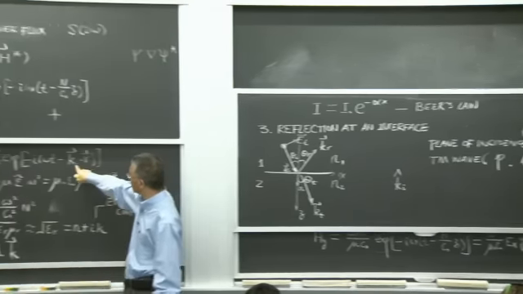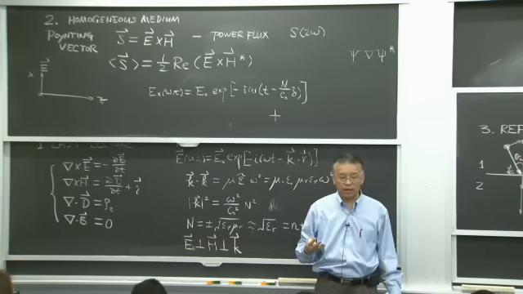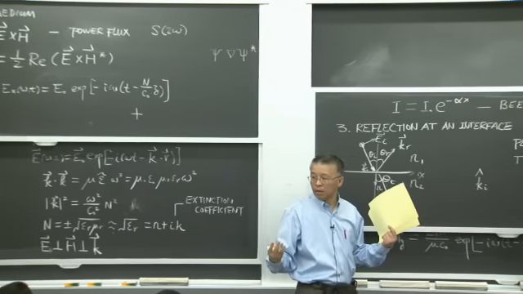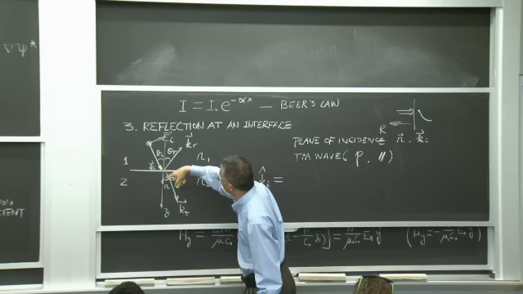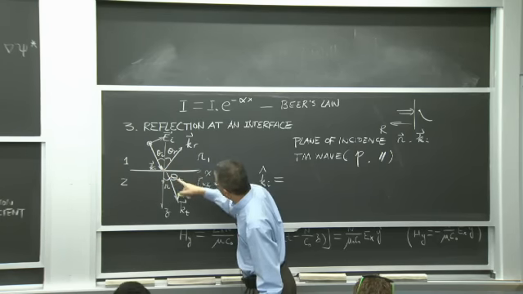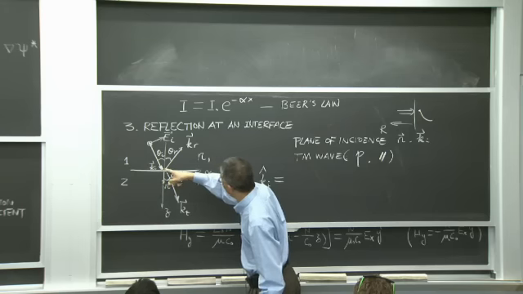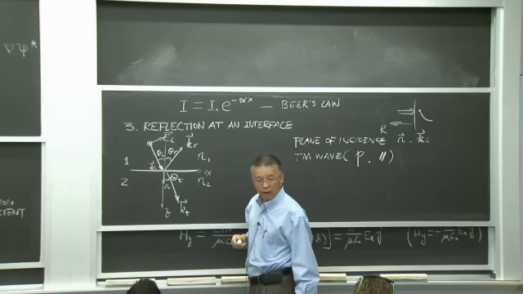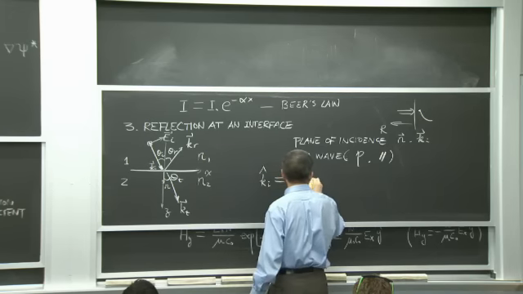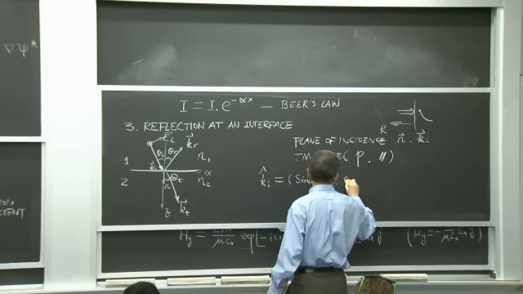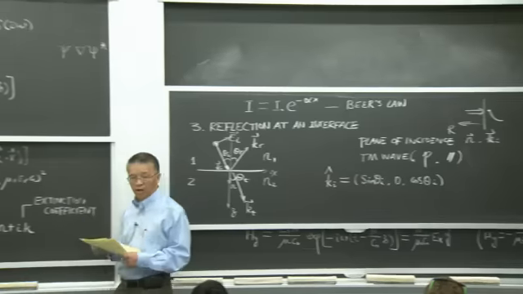The total, of course, is related to omega over c, but the unit vector is related to direction only, right? So the unit vector, this is the vector direction. z is k times the cosine theta, x is sine theta, so I have really sine theta I, 0, cosine theta I. And this is my incident wave vector.